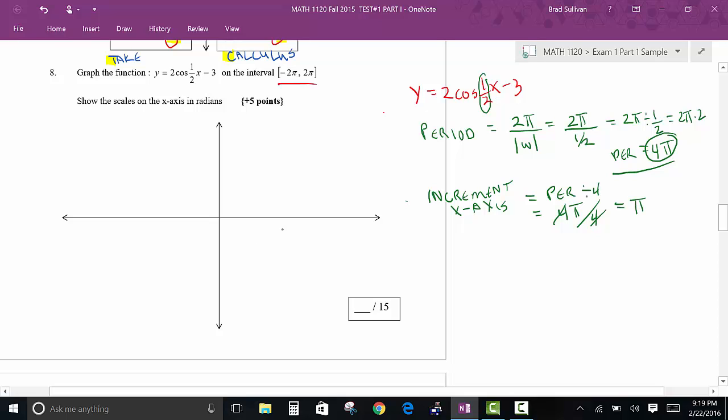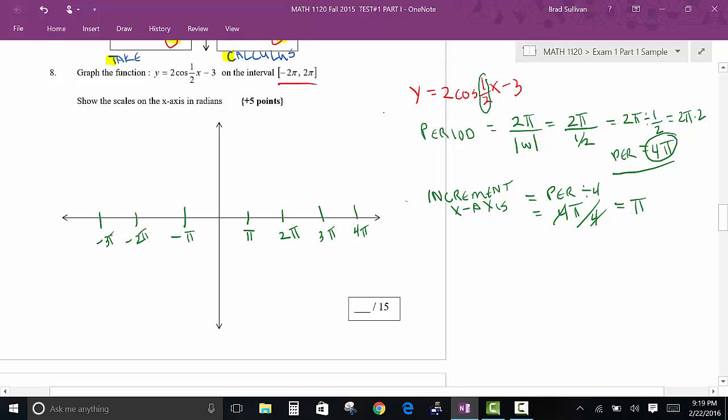On your x-axis, you just mark off by pi. We're going to go 1 pi, 2 pi, and you can go as far out as you want to. I'm just going to go to 4 pi. If you count this increment out, when you get to the 4th one, you'll end up at the period, like this.